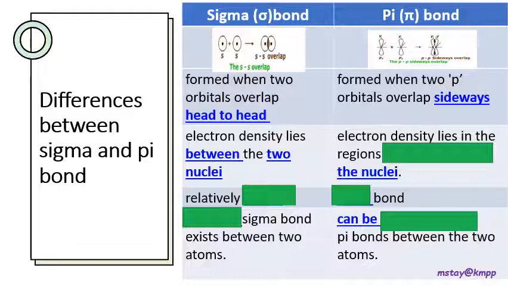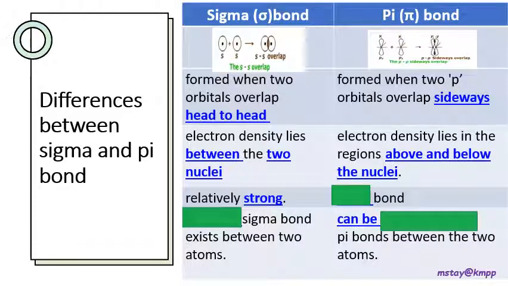However, for the pi bond, the electron density lies in the region above and below the nuclei. Based on the overlapping region, we notice that a sigma bond has a bigger overlap region. So, a sigma bond is relatively stronger compared to a pi bond.